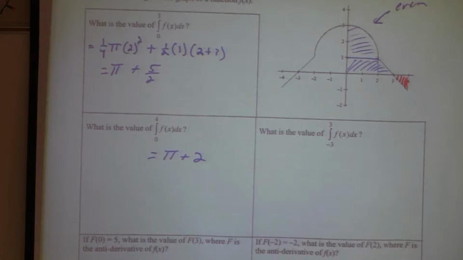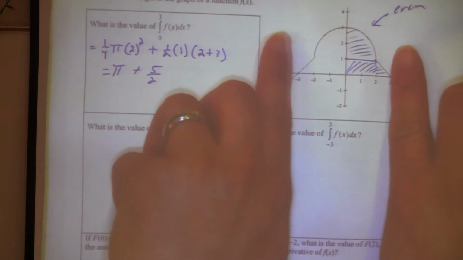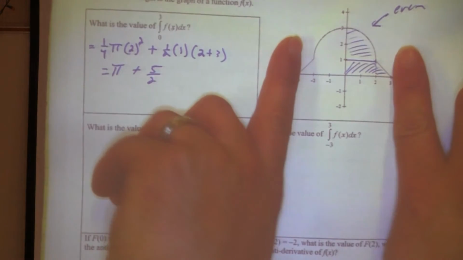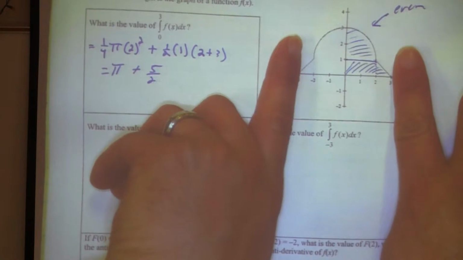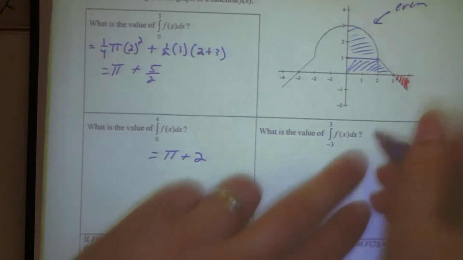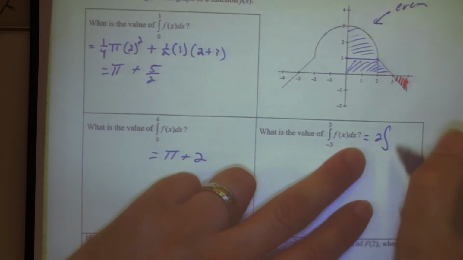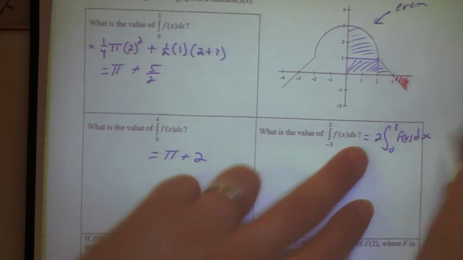How about if I go from -3 to +3? 0. 0? No, it's 2 times. 0? So you're saying they cancel each other out from here to here? Oh, yeah. No, they what? They double, right? Okay, so it's actually equal to 2 times the integral from 0 to 3, right? Which we figured out in number 1.